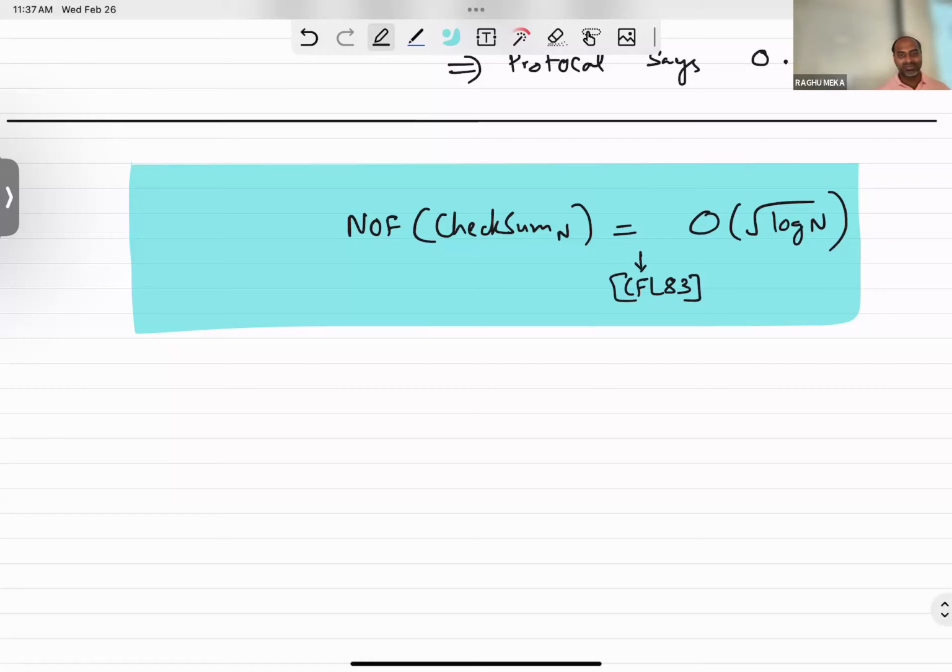And the best we have on the other end is that this is omega of log n. And this is due to Shkredov in 2006. So there's almost like a doubly exponential gap. Yeah, log n versus square root.